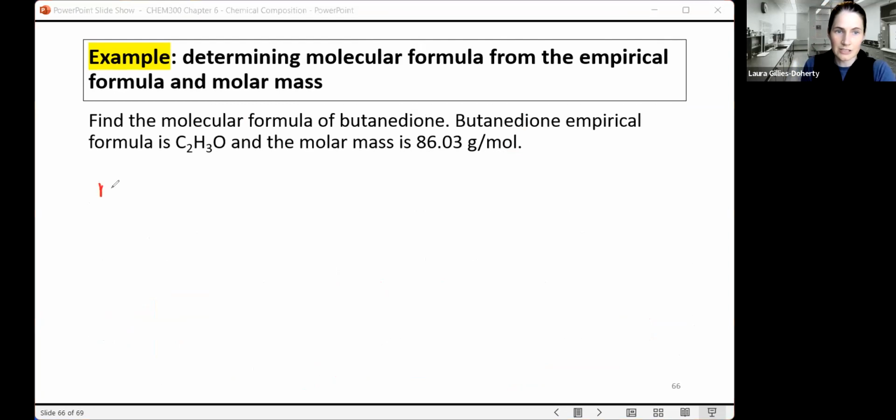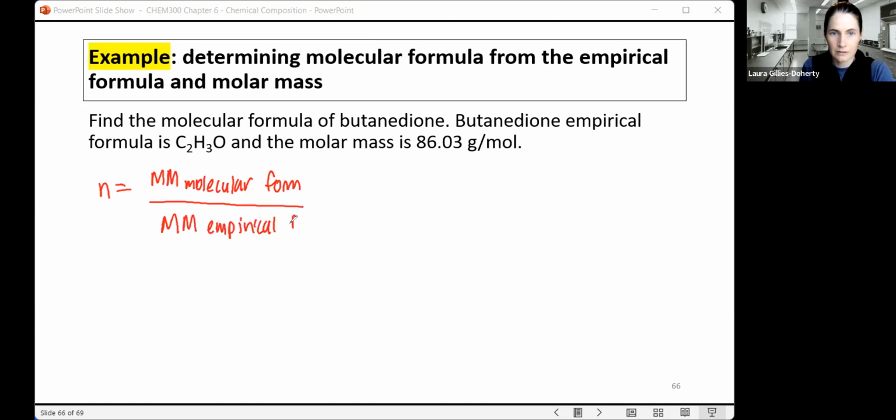So we're going to use N equals the molar mass of the molecular compound, or molecular formula, divided by the molar mass of the empirical formula. And so they gave us the molar mass of the compound, the actual mass of the ratios of the atoms, so 86.03 grams per mole.